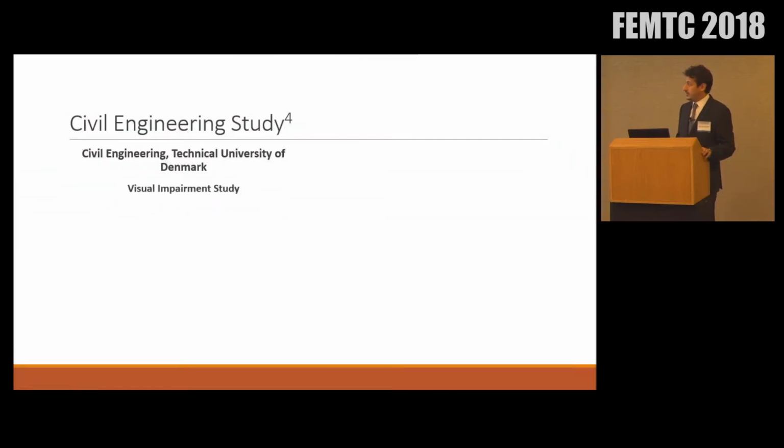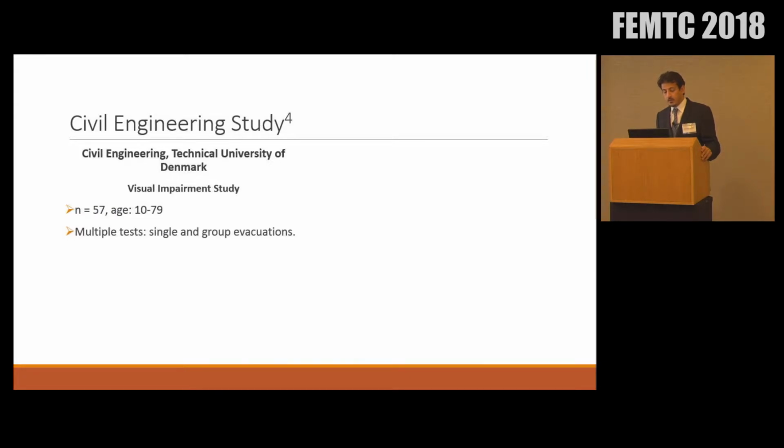A third study I'll be talking about is done by the Technical University of Denmark, Civil Engineering. They've studied visual impairment. They've taken 57 people with ages ranging from 10 to 79 with different visual impairment levels. They've taken single and group evacuations.